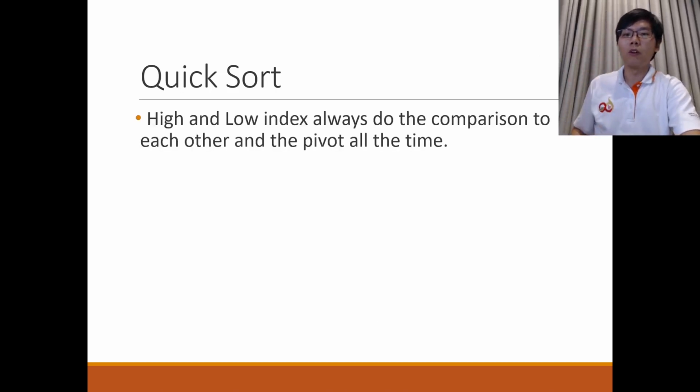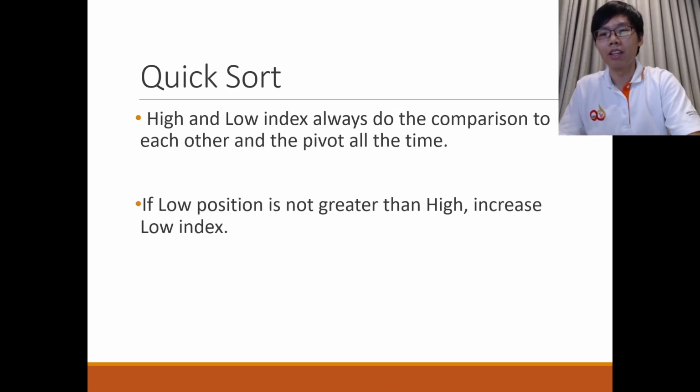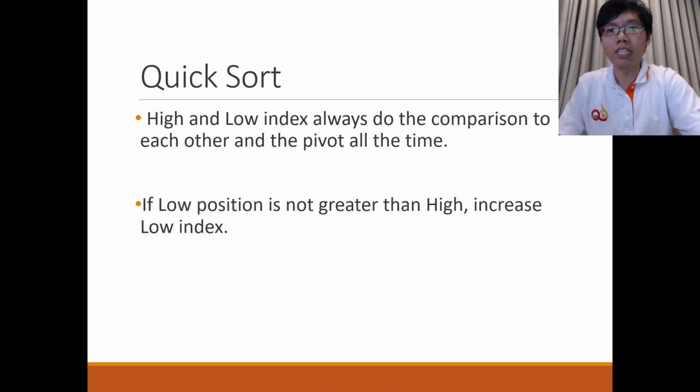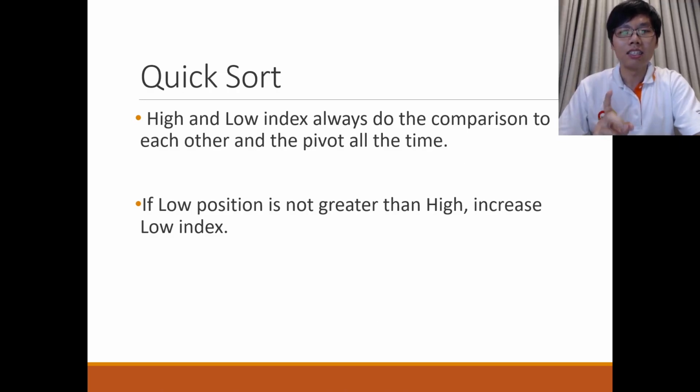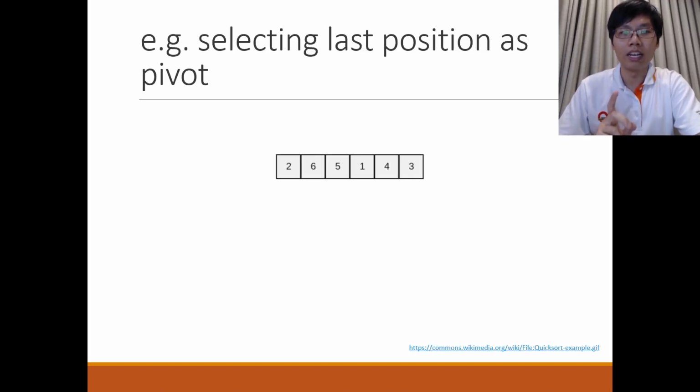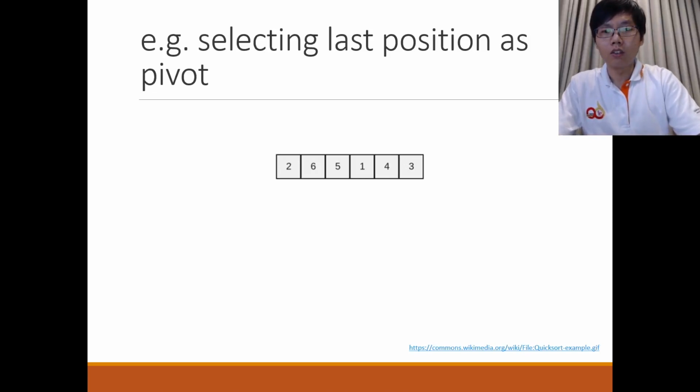First of all, the high and low indexes always compare to each other and to the pivot all the time. The first rule is that if the low position is not greater than the pivot, then increase the low index. From this starting position, we select the last one, the number 3, as P1, the pivot.